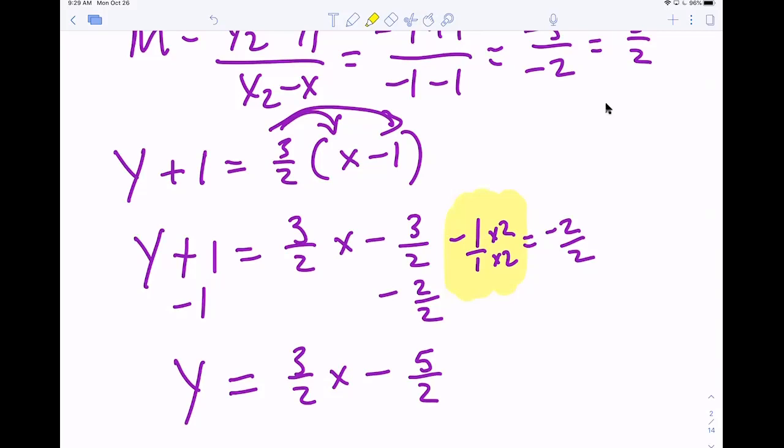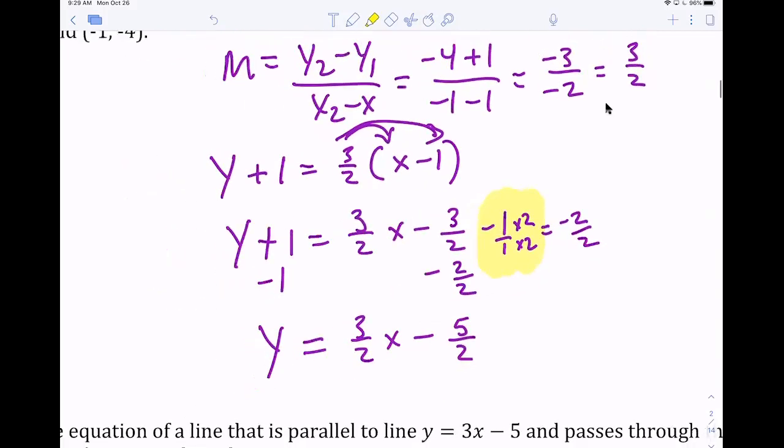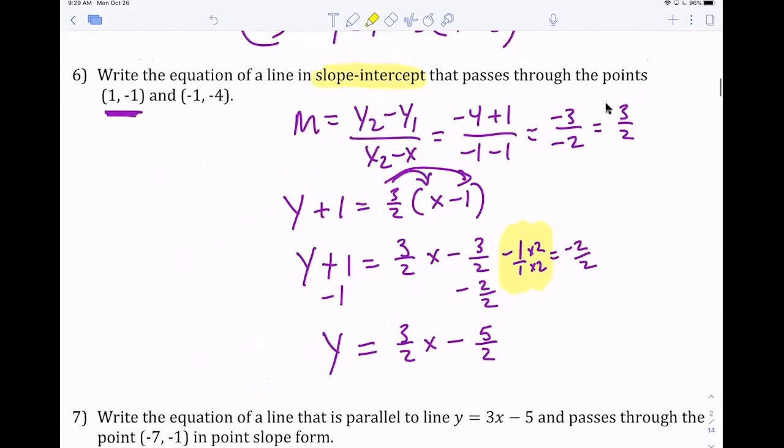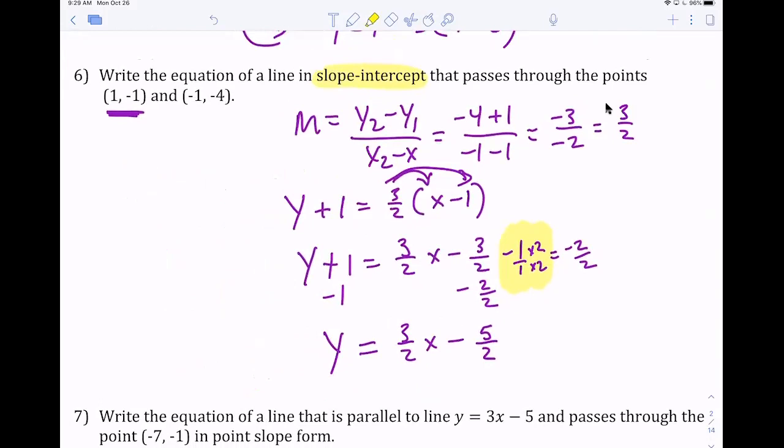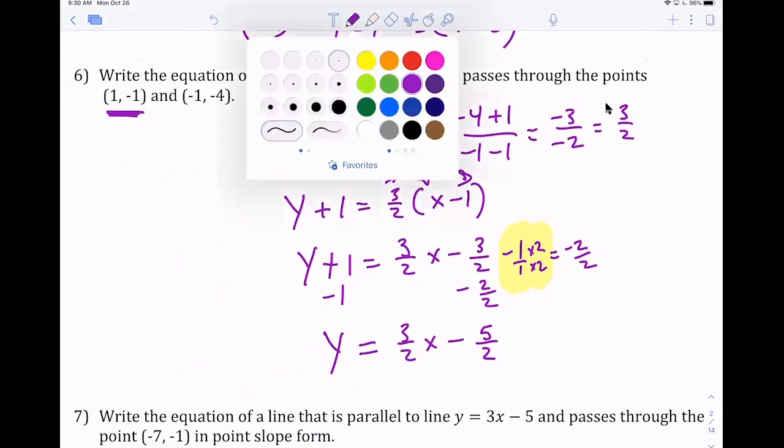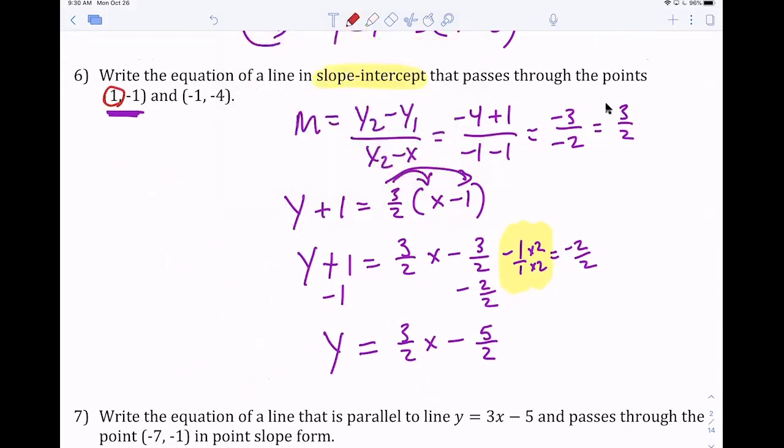So for the y plus 1 and then the x minus 1, we plug in the x1 and the x2. I'm trying to figure out what you just said. Like you put the first x, like the positive 1 next to the y. No, I did not do that at all. This right here is the x.